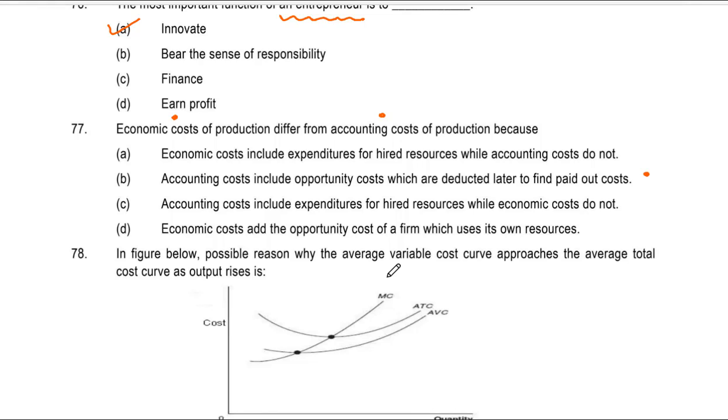C. Accounting cost includes expenditure for hired resources while economic cost does not do that. Or D. Economic cost adds the opportunity cost of a firm which uses its own resources. So the answer is D. That is implicit cost. And in accounting cost, this implicit cost is not added.